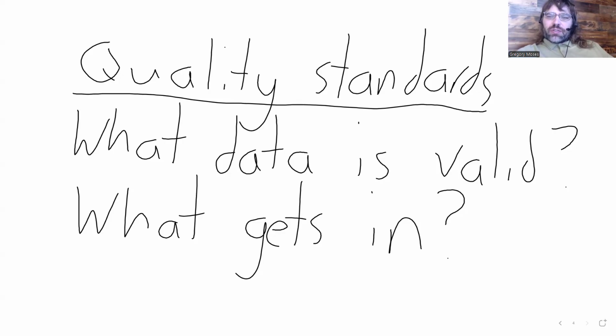As another example, a kind of rudimentary one, I was entering grades recently and I saw that a student had a 101% in the class. And I said, well, that can't be right because there's no extra credit.